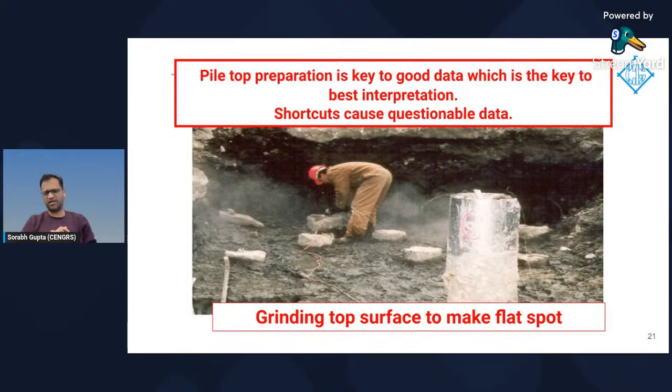You might be picking up noise. You might get random data because of crushing of the pile concrete at top. So this is, I think, the most important step, and the contractor early on has to be aligned on how to prepare the pile top in order to prepare the piles for integrity testing.